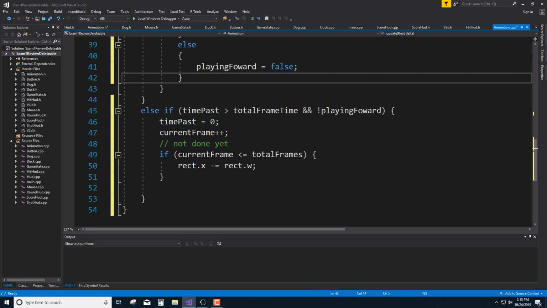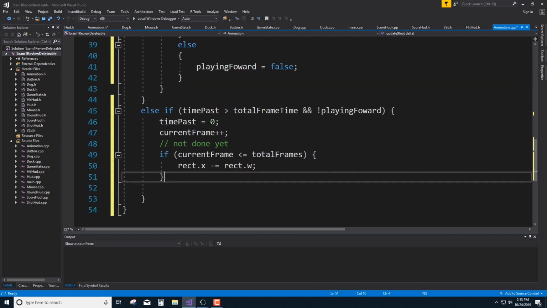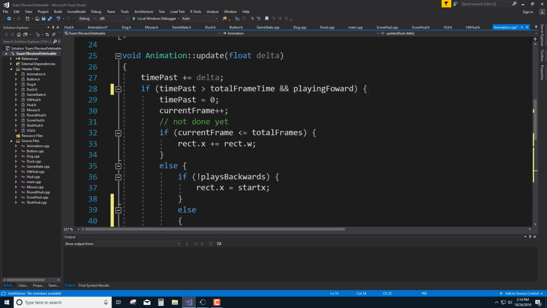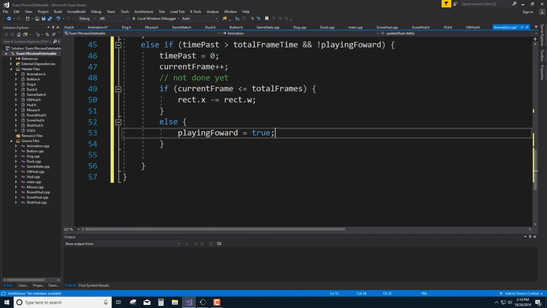And then here, we do have an else, and we're going to flip this to playing forward equals true. I'm sure I'm doing something wrong and I'll have to debug this, but just thinking through it, that's the first thing coming to my head. So we want to get that oscillating motion for the duck.